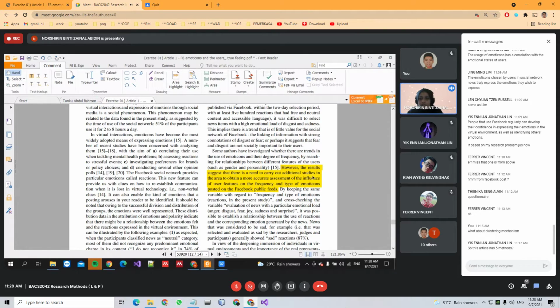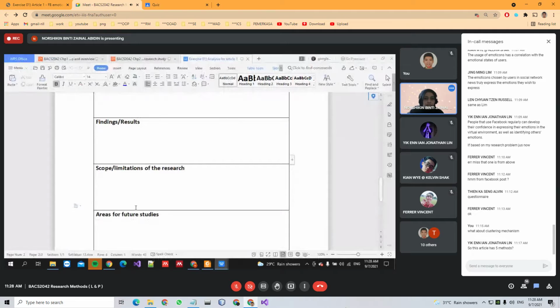So here, as you can see, the result need to carry out. So they suggest to carry out additional studies in the area to obtain more accurate assessment of the. So this is what the researcher suggests for the next researcher or the next research to do. So that's the example on this one.